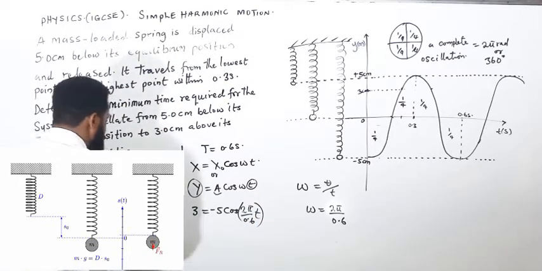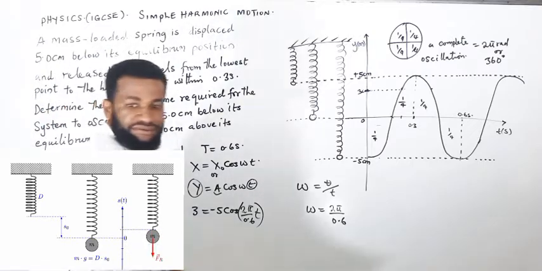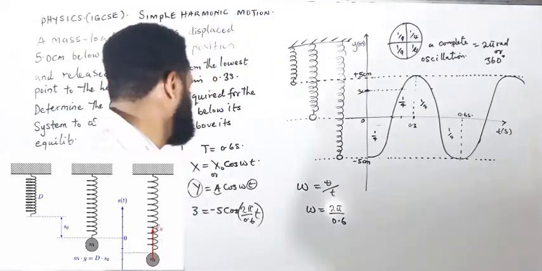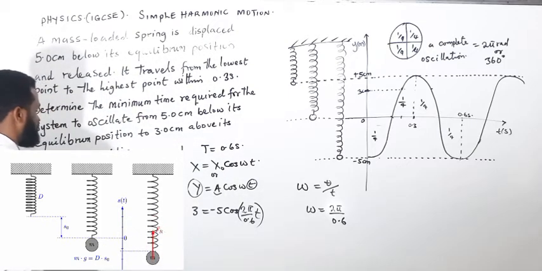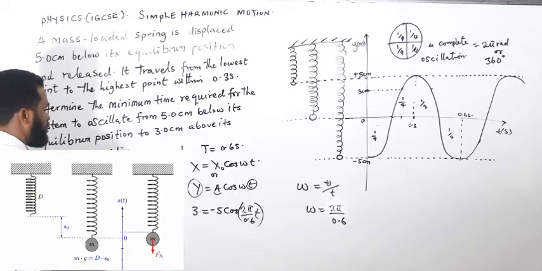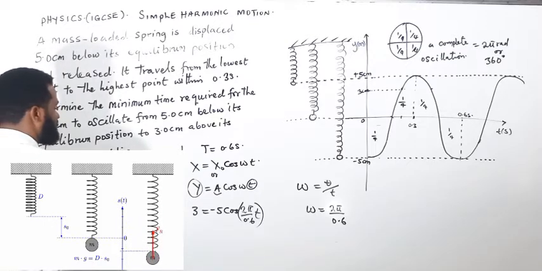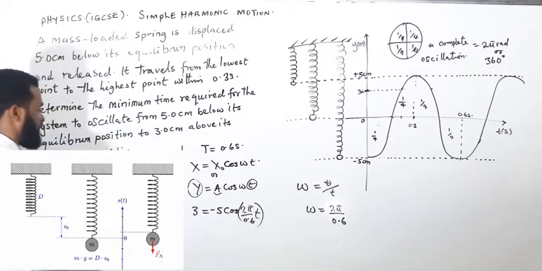Then what I'm going to do is say 3 over -5 equals cos of 2 pi over 0.6 t. All right? And then I have to take the inverse of cos on both sides.